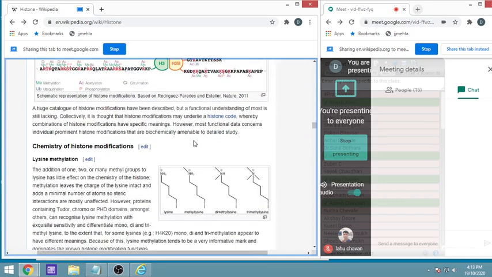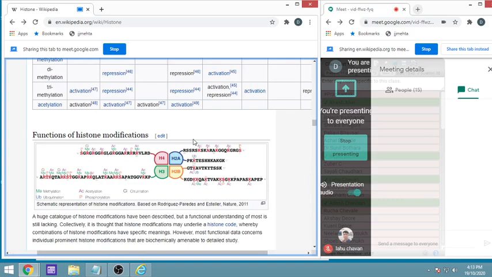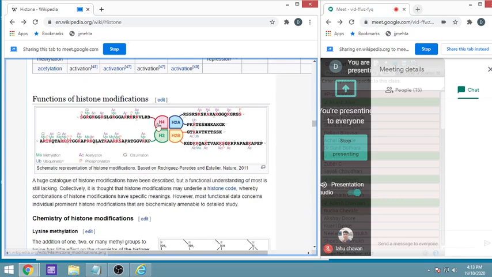So what are the functions of histone modification? These are the 4 basic histones, H2A, H2B, H3 and H4. There we can have various modifications: methylation, acetylation, citrullination, phosphorylation, ubiquitination, etc. In the amino acid sequence you will find these.